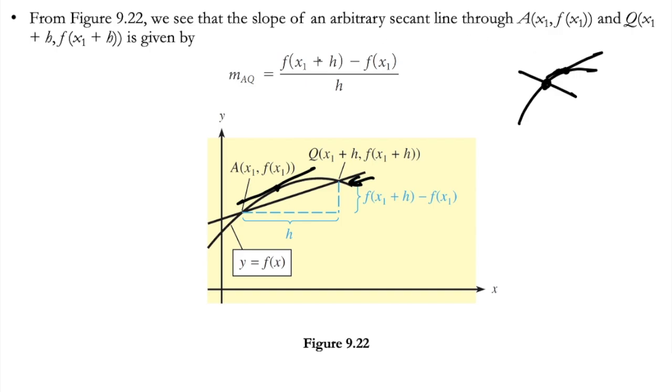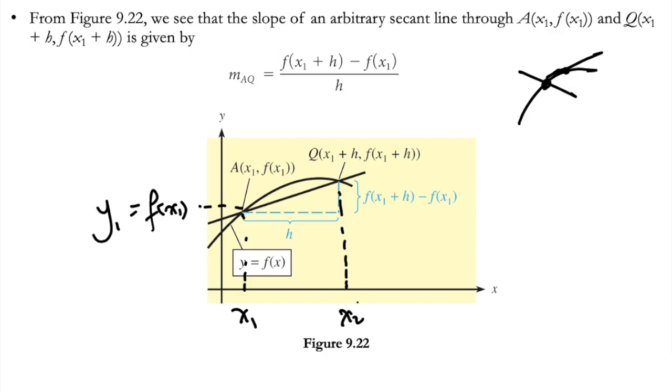Okay? Alright. Now you look here, we have 2 points. Let me erase the mess first. Alright. So the first point is here. The second point is here. With the first point, you have x1, and then this one, f(x1), or we call it y1. The second point here, you have x2.